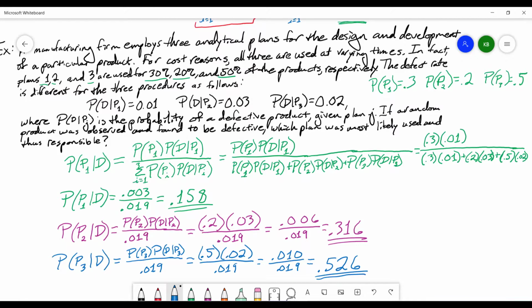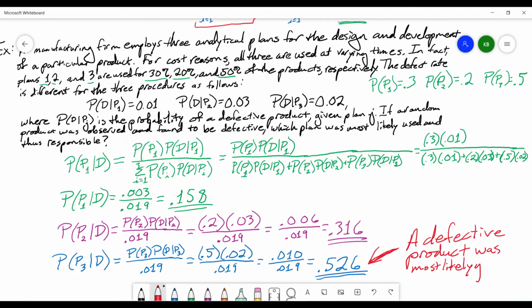So now I can look at this and I can say that given that it was defective, the one that I drew, it most likely was plan 3. So a defective product was most likely generated by plan 3.